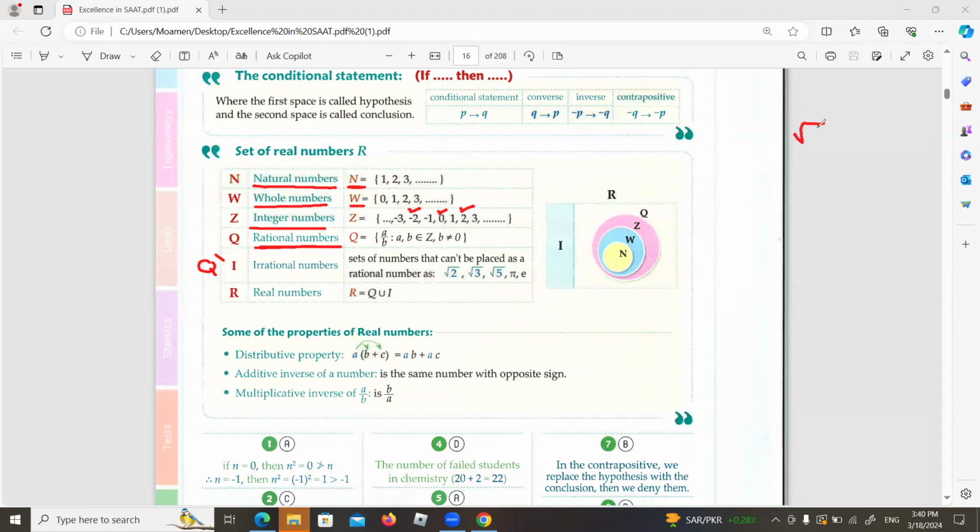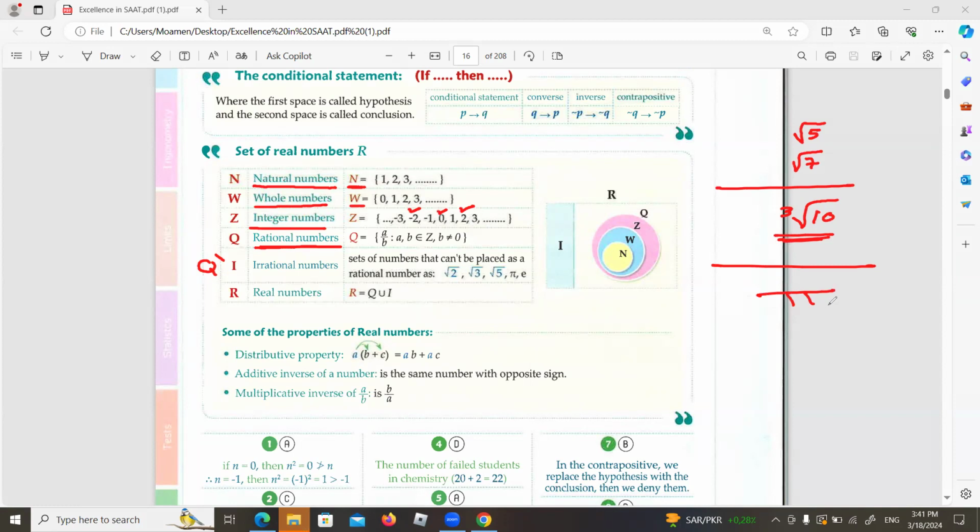It means if we have the square root of 5, the square root of 7, any number that is not a perfect square has no exact square root and belongs to the irrational numbers. Also the cube root of a non-perfect cube number, and also pi.